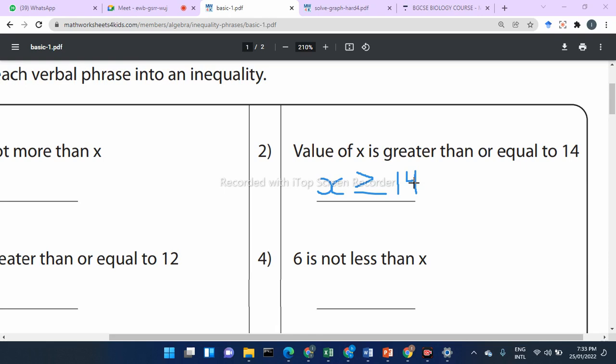The value of x is unknown, so that's why we use a variable to denote it. Notice they didn't say the value of x, and that's very important. You could find the value of x.